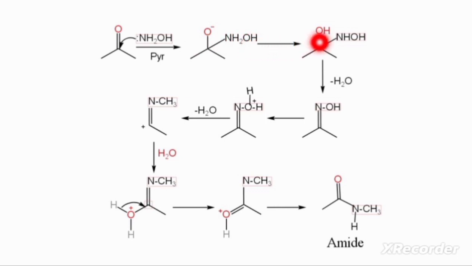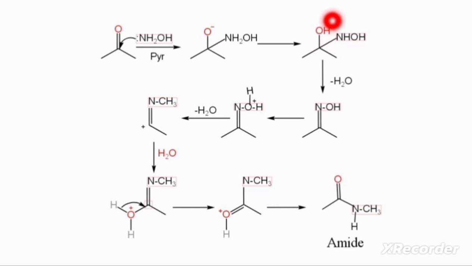Okay, and after removal of water from here, this OH and hydrogen from here, you can see here minus H2O. Water molecule is removed and here a pi bond will form.